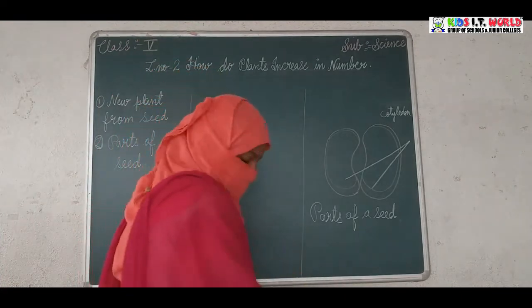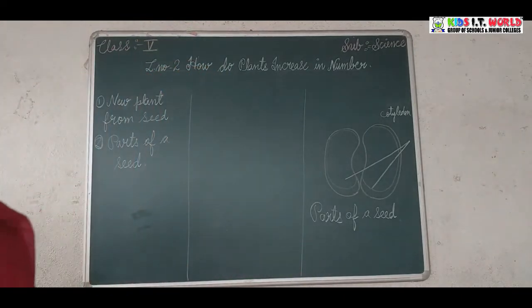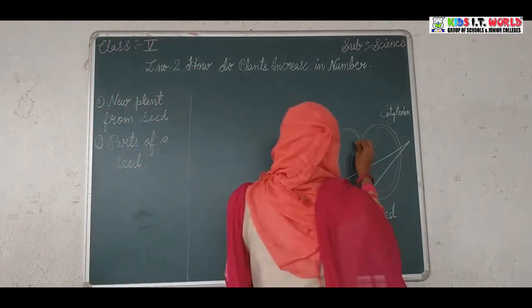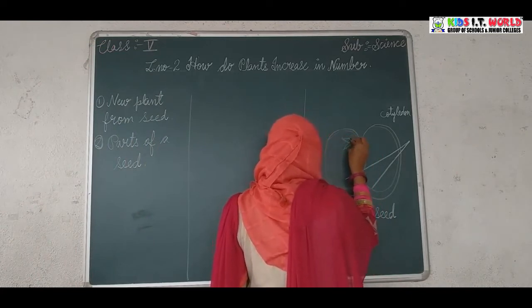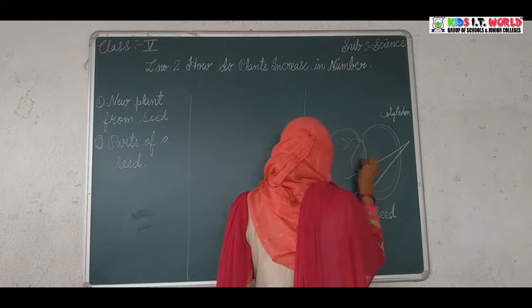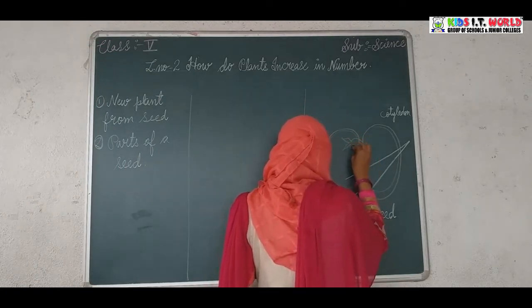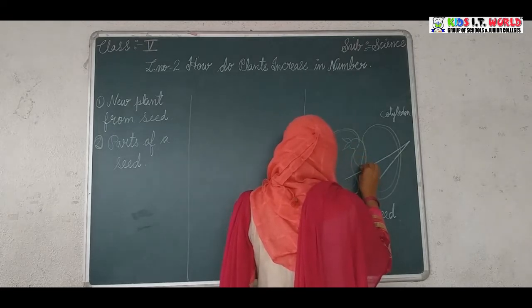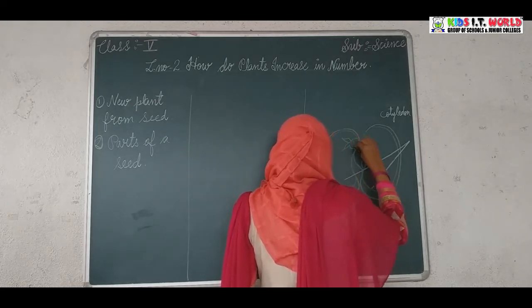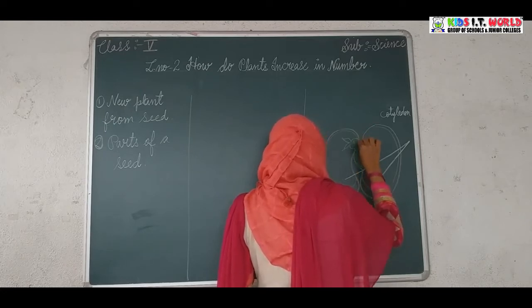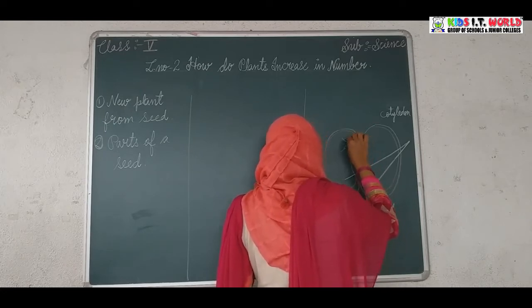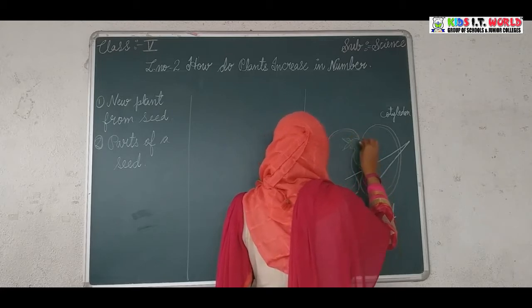See in this picture. Here the baby plant will grow. In between cotyledons, a baby plant will grow and it is called the embryo.